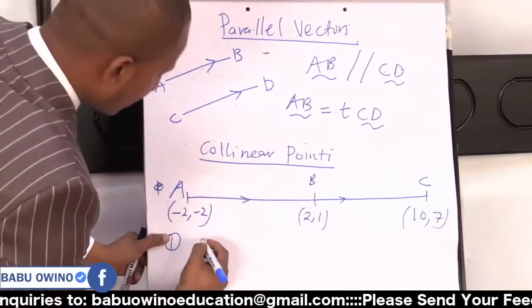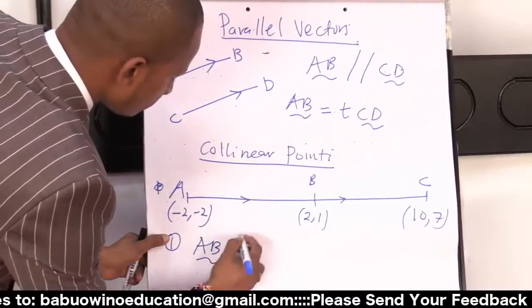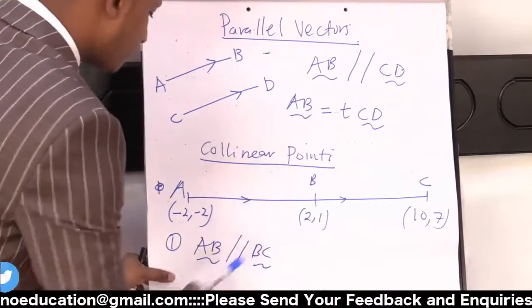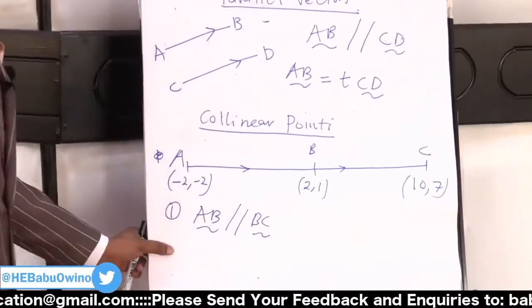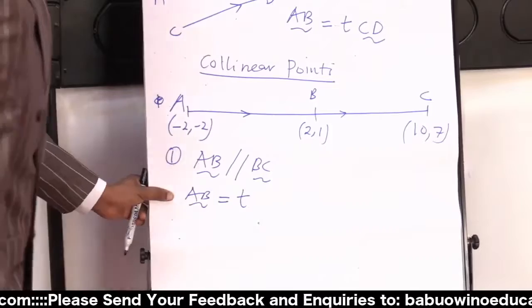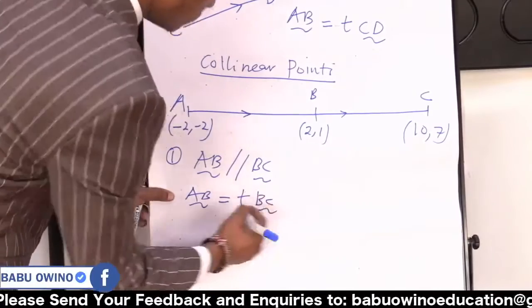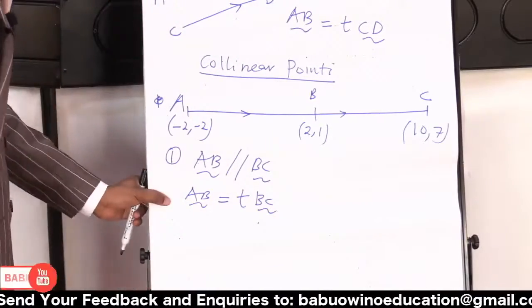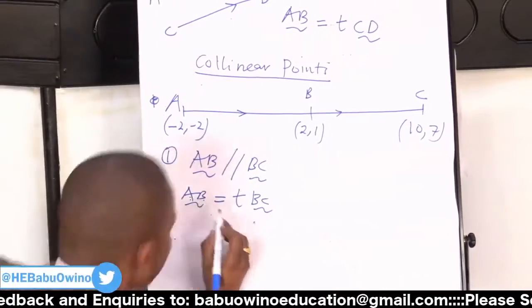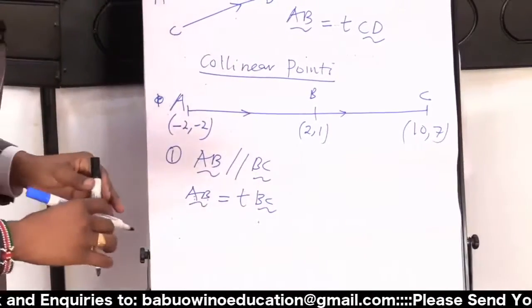When AB is parallel to BC, we say that AB must be a multiple of BC. You introduce a scalar multiple of BC.